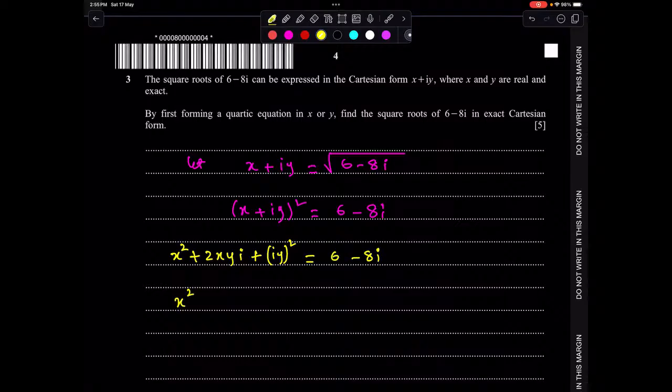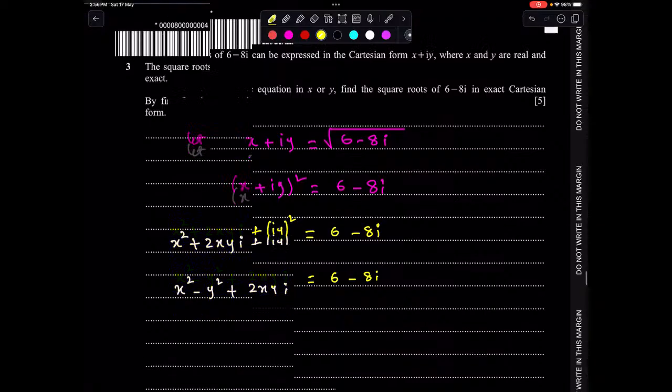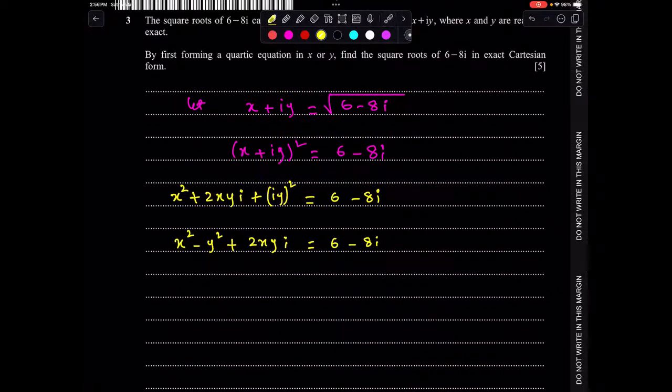Now we have x square, this will become minus y square, since i square is minus 1. So minus y square, 2xyi, equals 6 minus 8i. Now equate real part with real and imaginary with imaginary.